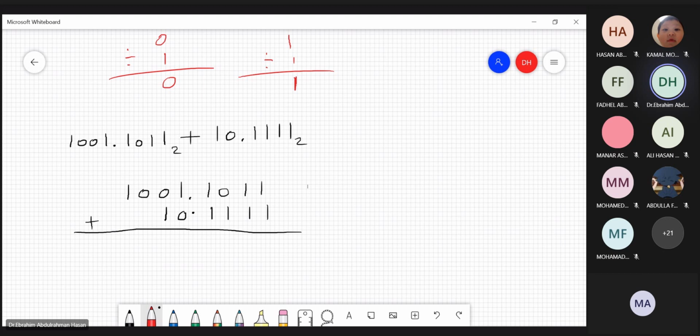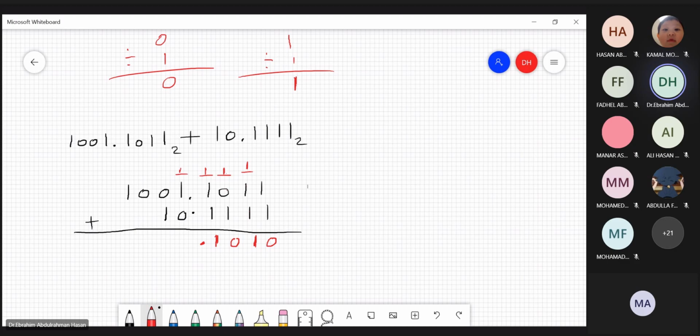So here we have 1 plus 1, so it is 0 carry 1. 1 plus 1 plus 1, it is 1 carry 1. 1 plus 0 plus 1, it is 0 carry 1. 1 plus 1 plus 1, it is 1 carry 1.